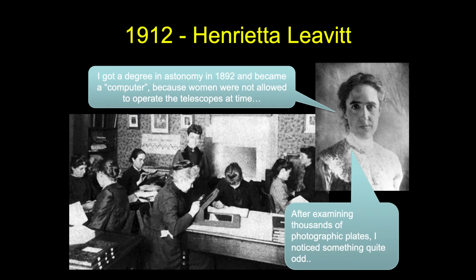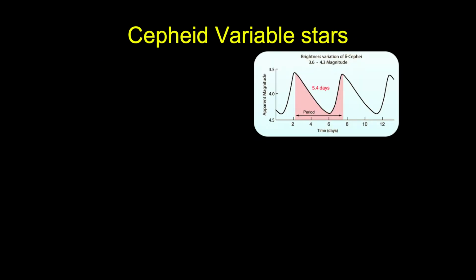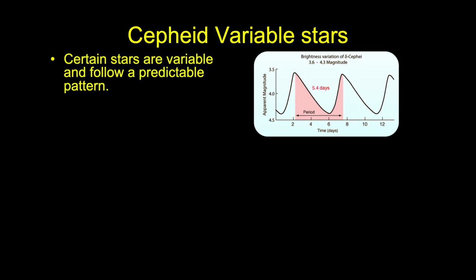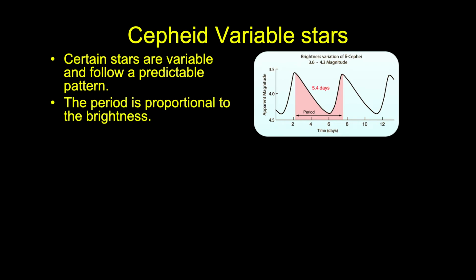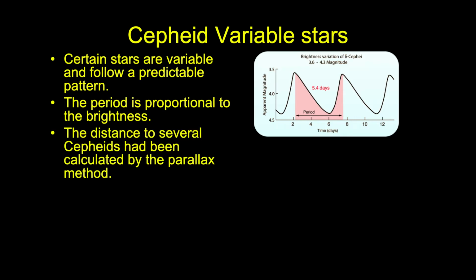And she discovered something really odd. She discovered a kind of star whose brightness varied. It got brighter and dimmer in a very regular pattern over a period of a few days. So this very predictable pattern, these stars are called Cepheid variables, and they could tell from these Cepheid variables how far away they were.